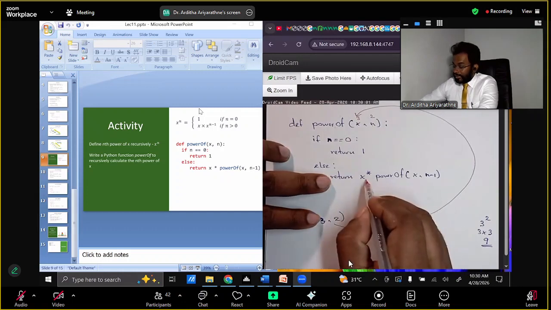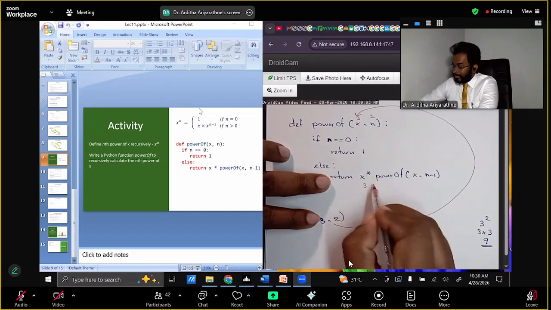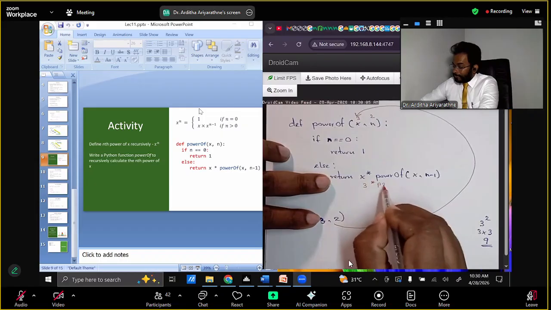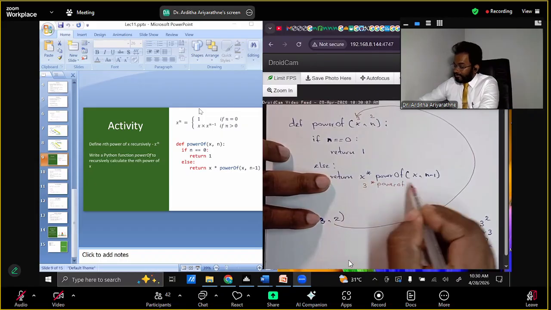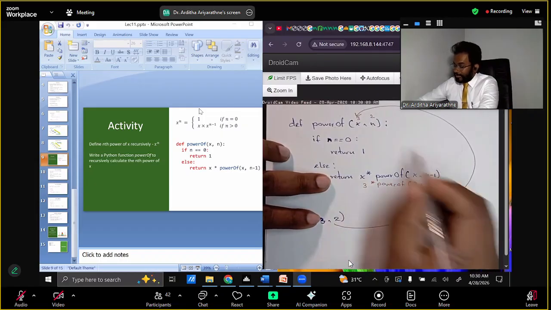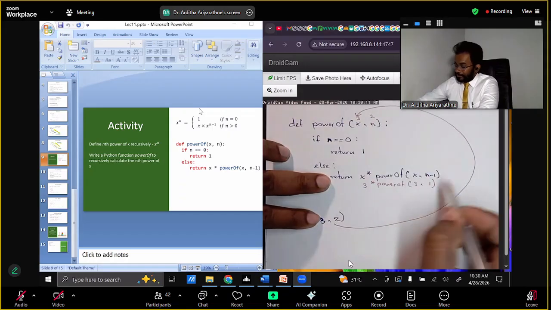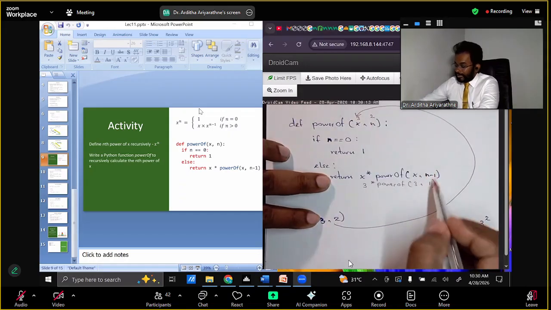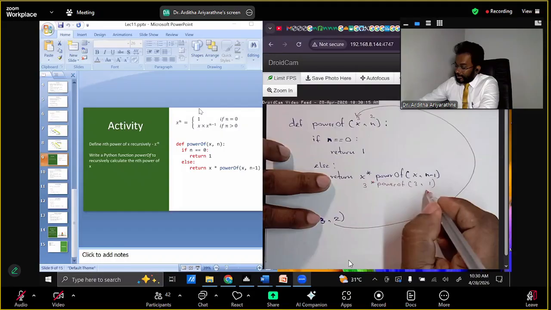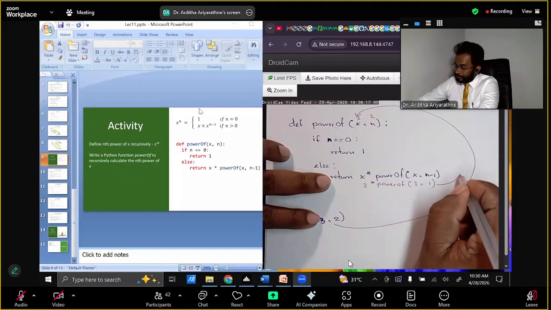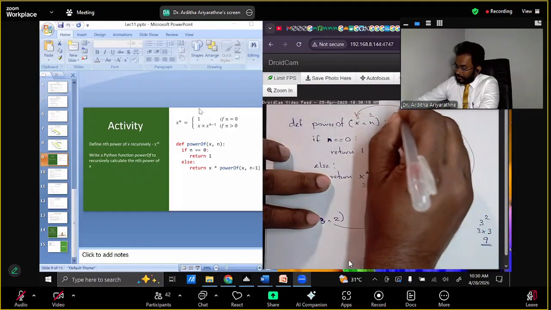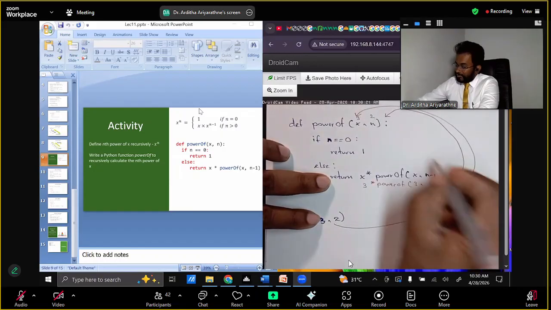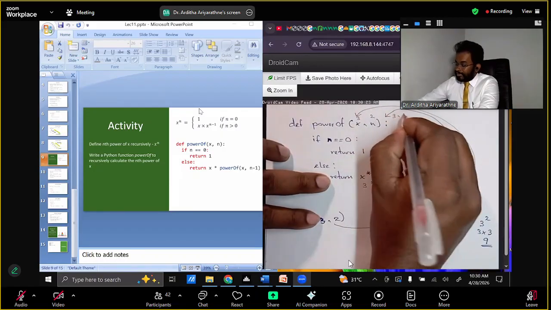So we are calling x, which is 3, multiplied by power of 3, n minus 1. n is 2, 2 minus 1 is 1. Then again we are calling with different values, 3 and 1.